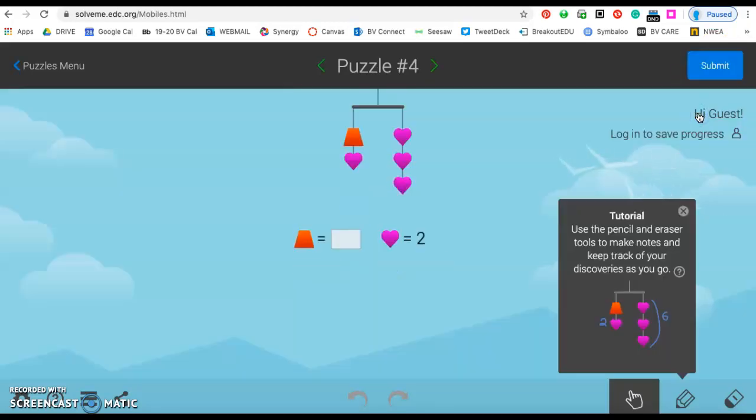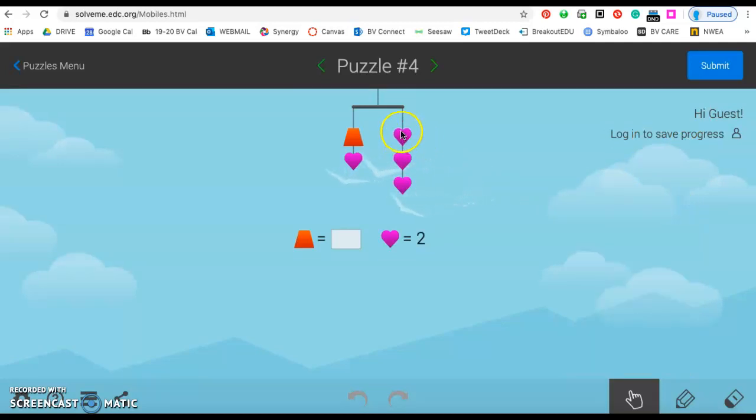We'll try one more. Ooh, this is a cool one because check this out. There is a heart variable on the right side, 3 of them, and then I see another heart variable on this side, plus an orange trapezoid this time. And it does not tell me the value of the whole puzzle. That's okay. We have found out that as long as this bar is level and even, this side must equal the same as this side.